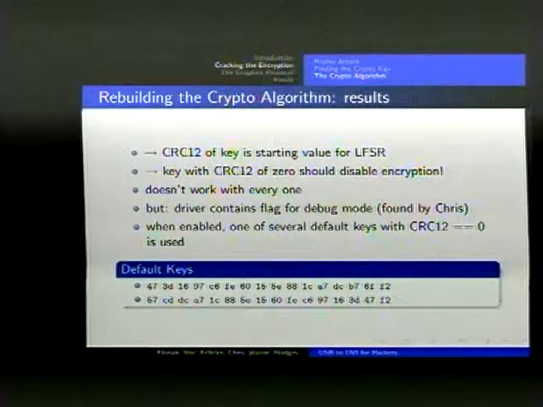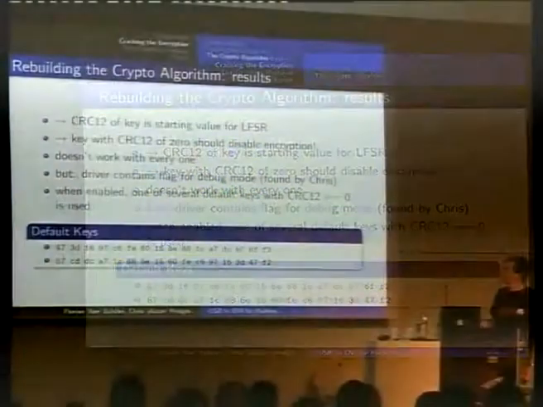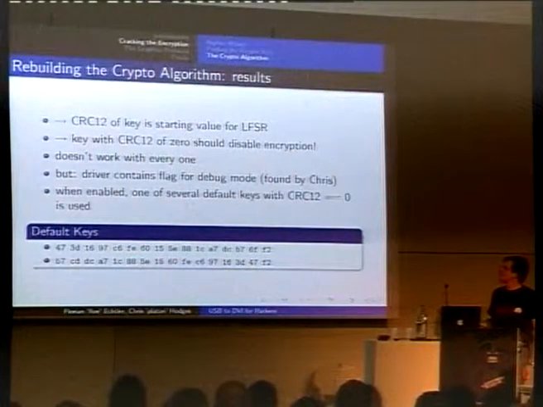Okay, so one interesting piece is, of course, that LFSRs which are loaded with 0 will always output 0. So if you have a CRC12 of 0, this should just disable the encryption entirely. For some reason which we haven't been able to figure out yet, it doesn't work with every key, but there are some keys which do have a CRC12 of 0 and which do disable the encryption, and we found these in the driver, basically.